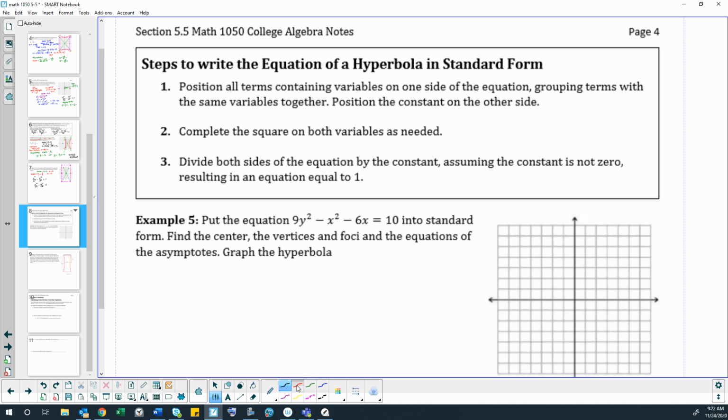What I feel like is missing from this is that somewhere in here we need to make sure we factor out the negative from the variables matching the negative squared term, right?